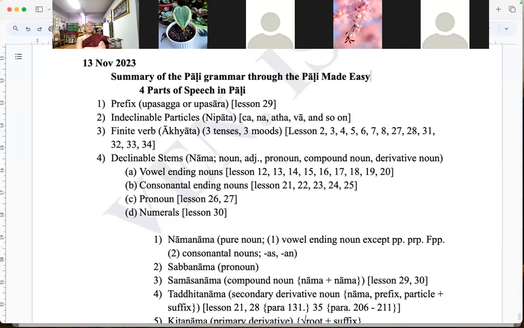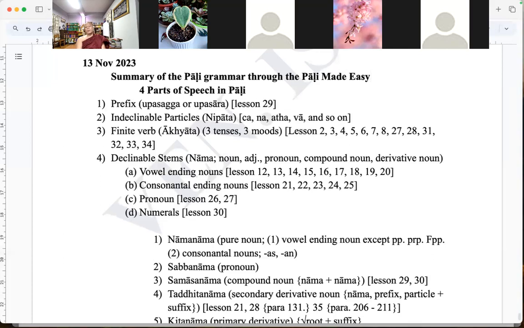So actually, now maybe we have learned Pali grammar basically completely. That is not for remembering, but just to understand some grammatical points, basically.